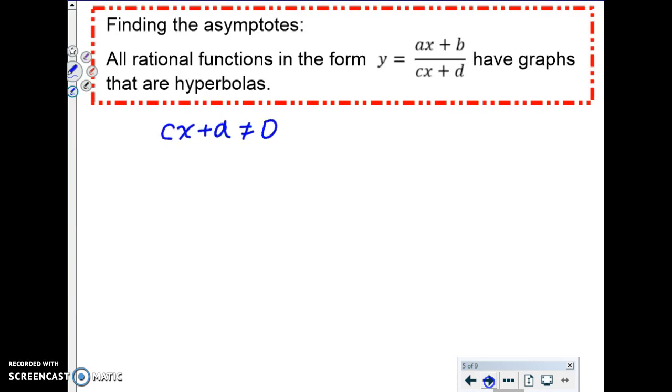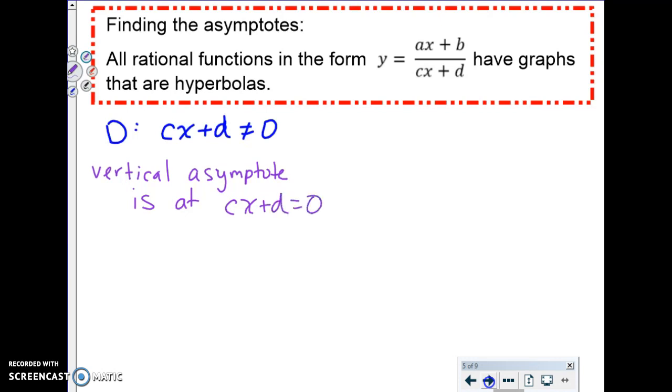That's part of my domain. So that means that my vertical asymptote can be found by setting this equal to 0 and then solving.